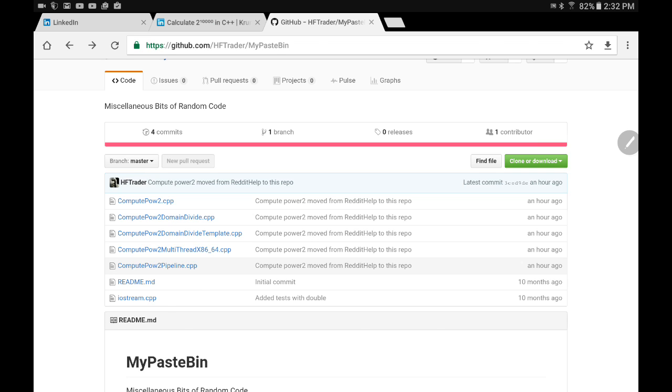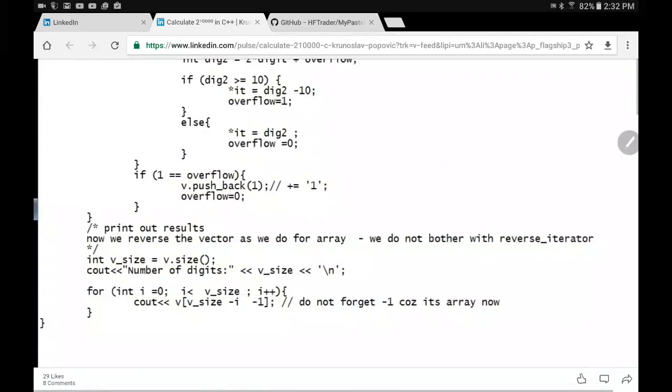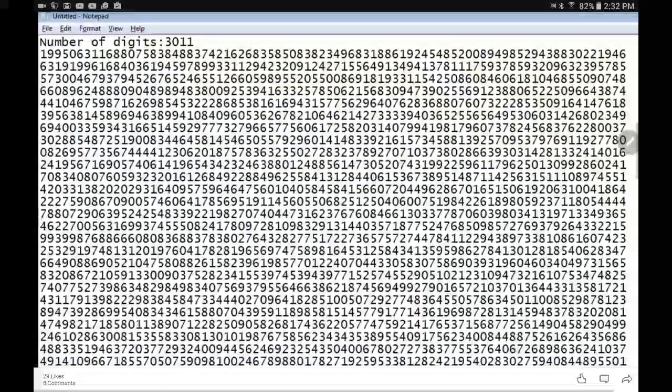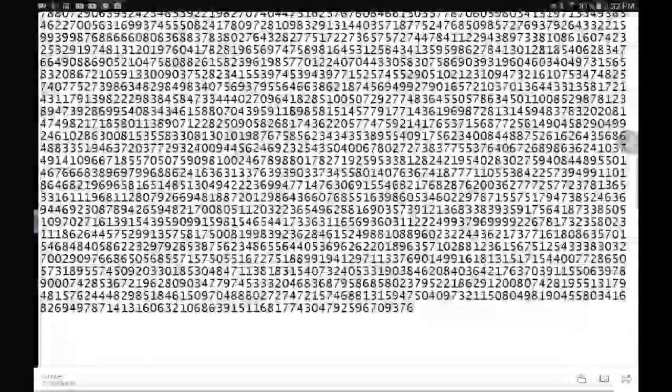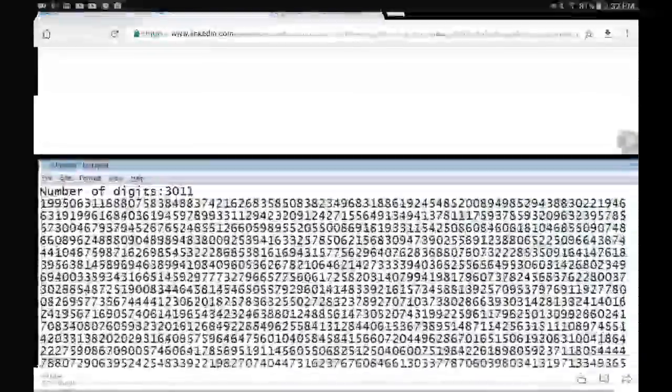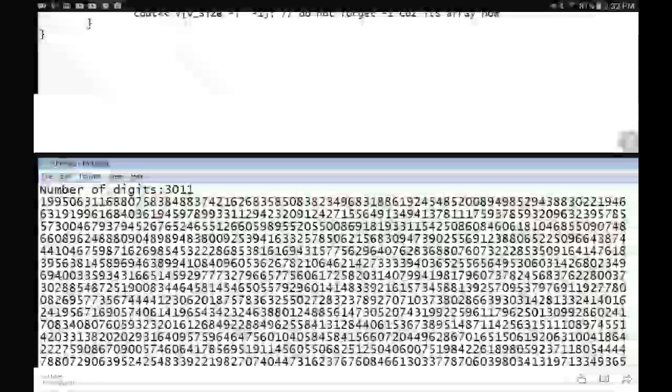You should have something like this, with 3011 digits. It's a huge number. With some of our implementations we did 10 million, 20 million.